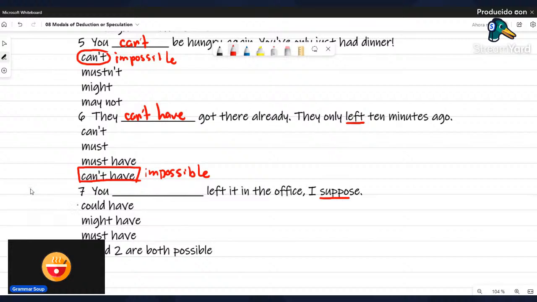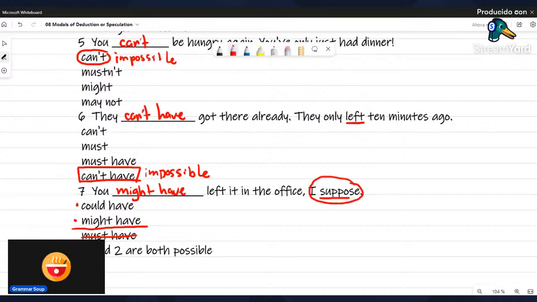Why? Because could and might, they are for speculations, right? And we're making a speculation. So you might have left it in the office. Yes, we cannot say this one, right? Because this is for certainty and we are not certain, right?